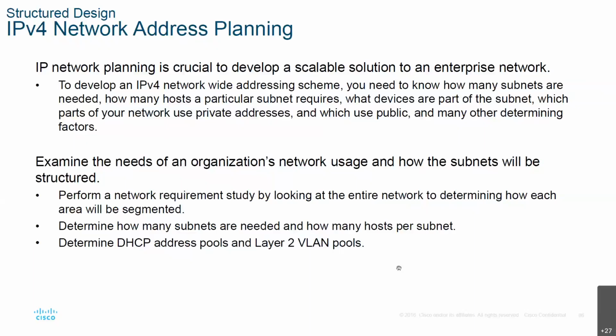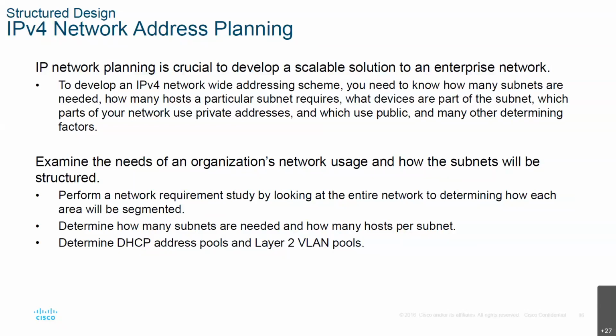When you design your IP version 4 network, there are certain considerations that you can take. First is planning, so that you create a scalable solution to your network. You have to ask yourself the question, how many subnets? And each subnet, how many devices?